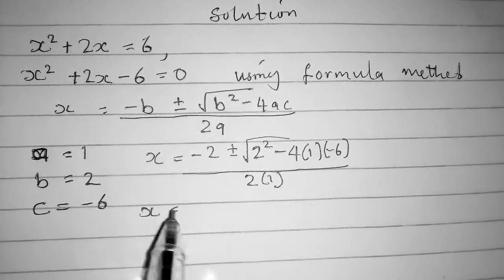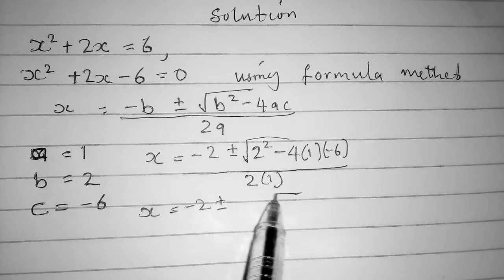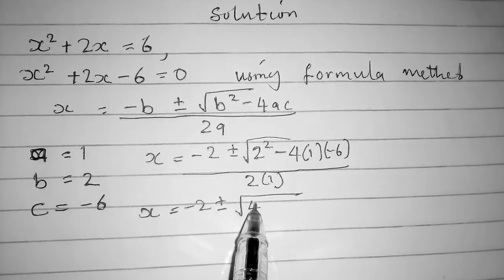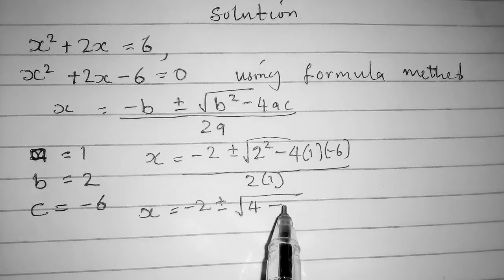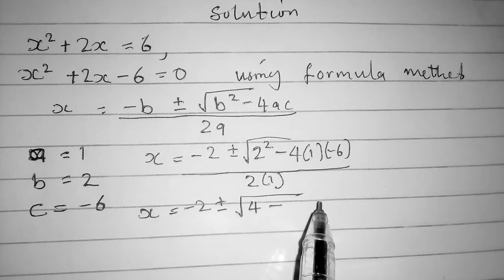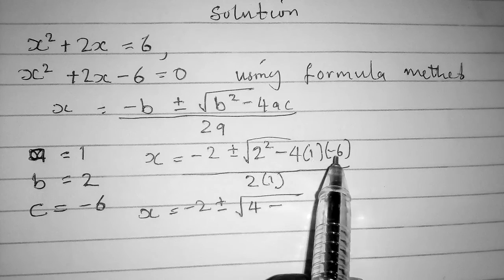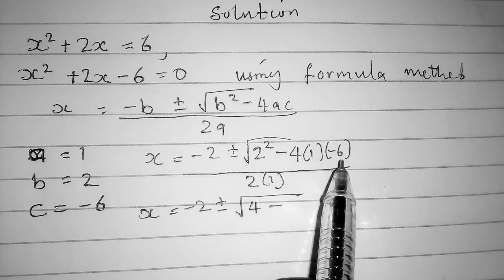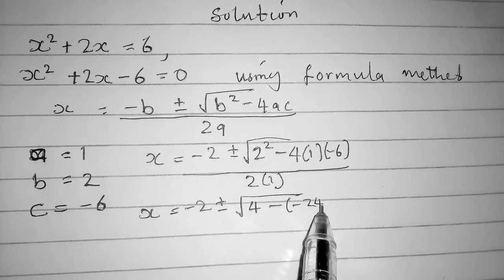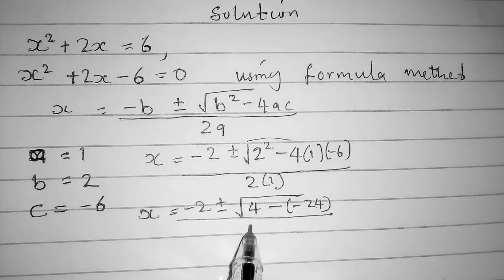So what we are going to do here now, x is equal to minus 2 plus or minus the square root of 2 squared, which is 4, minus 4 times 1 gives us 4, 4 times minus 6 will give us minus 24. Minus 24, divided by 2 times 1 will give us 2.